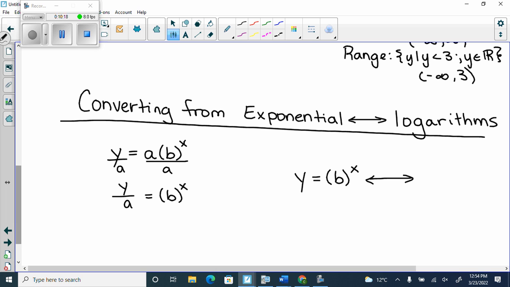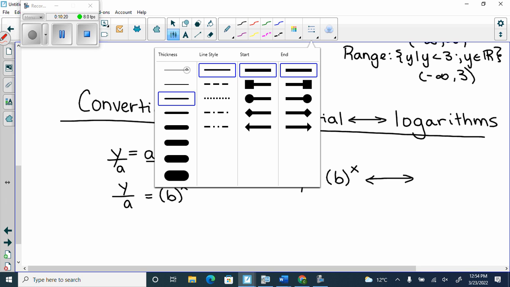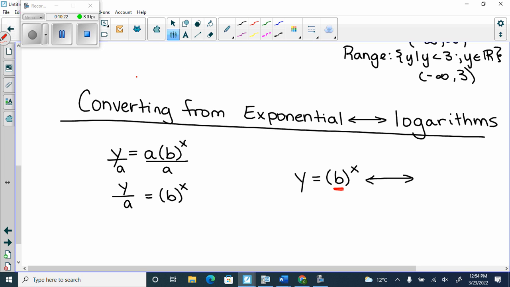So, this is what I need you to see. The base of my exponent, this is the base, correct? The exponent is raised to the power of, right? So the base of my exponent becomes the base of my logarithm. If you remember that, you will get every single one of these questions right.